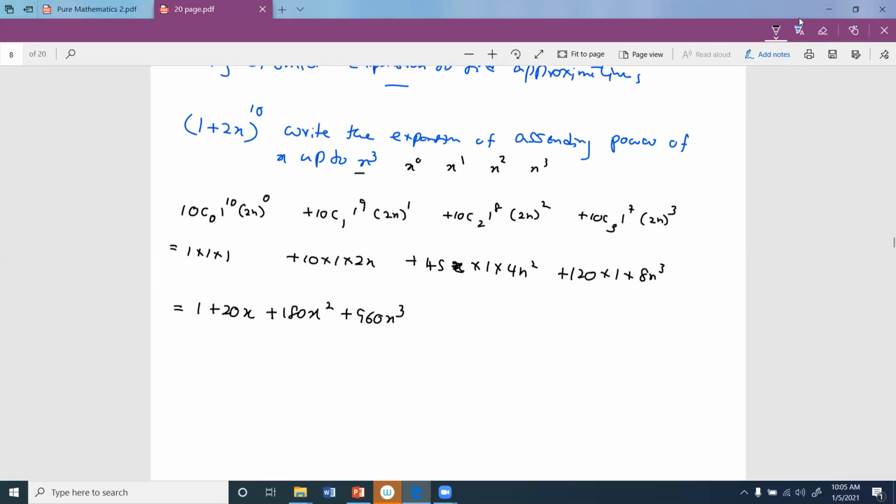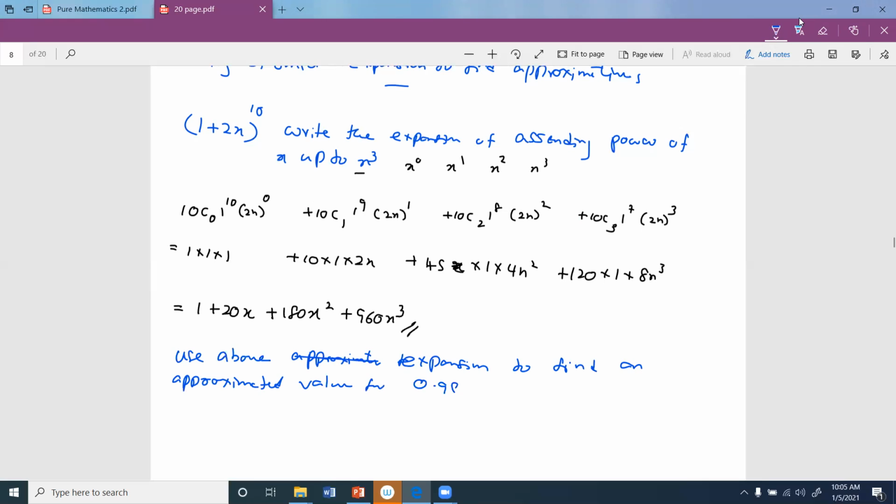Then the next part of the question they expect us to do is this: use the above expansion to find an approximated value for 0.98 to the power 10.